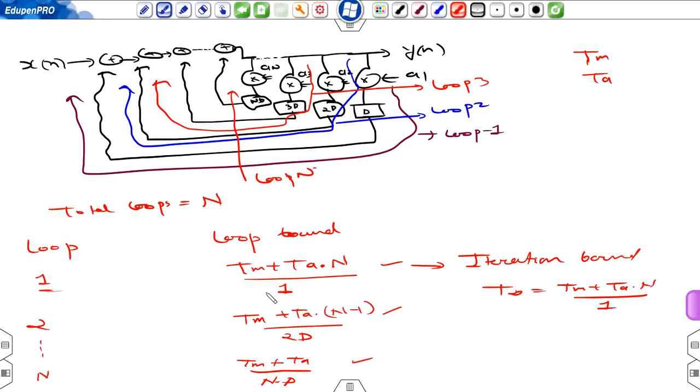The simple reason is that it has the minimum number of delays and the maximum number of computational units in the loop. That's why its loop bound is maximum, and this will be the iteration bound for this nth order IIR filter. So this is the critical loop.